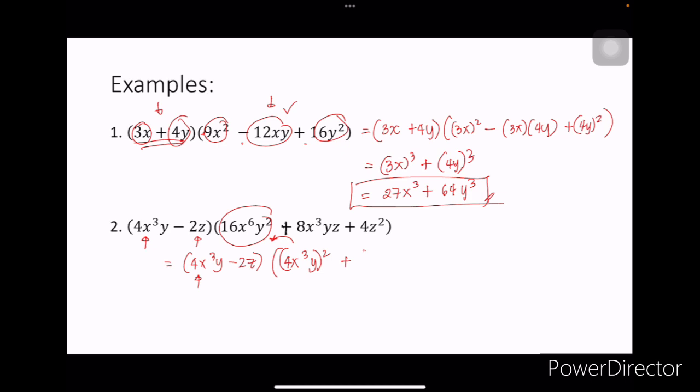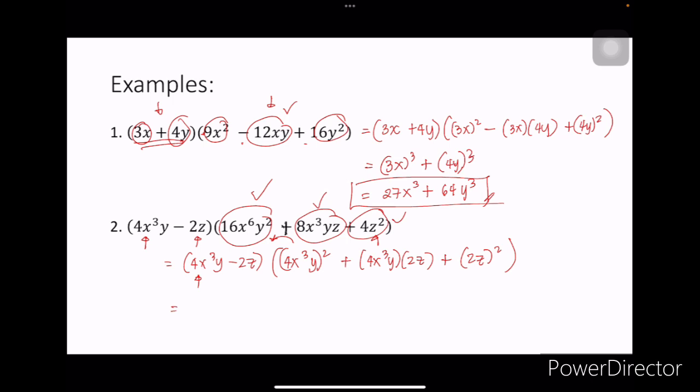Plus 4x cubed y times the 2z. Is this equal to 8x cubed yz? So you have 8x cubed yz, which satisfies the middle term for the trinomial, plus the square of the last term, which is 2z quantity squared, equal to 4z squared, which already satisfies the formula.